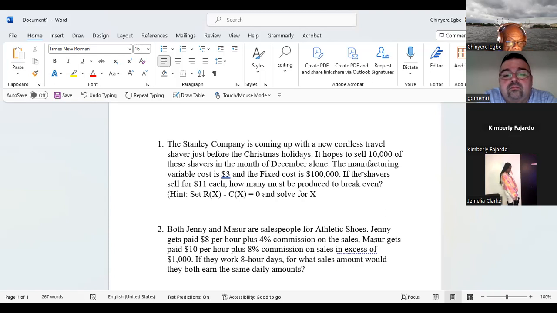A variable cost is a cost that changes as the quantity of goods, or the quantity of the object of interest, changes. For example, if you go to buy hot dogs for $2 each, well, $2 is your variable cost for the hot dog.